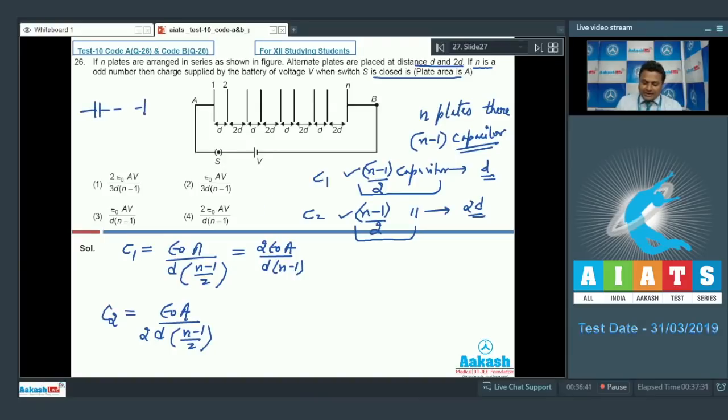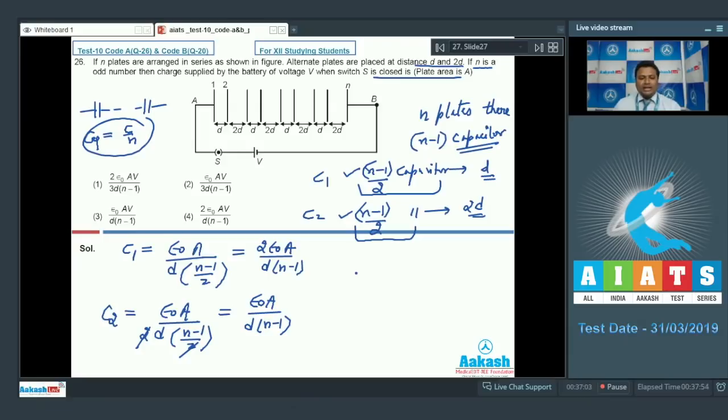Suppose you have n capacitors, each having capacitance C in series. So the equivalent will be C by n. We are doing the same right here. This gives us C2 equals epsilon naught A divided by d times (n-1).